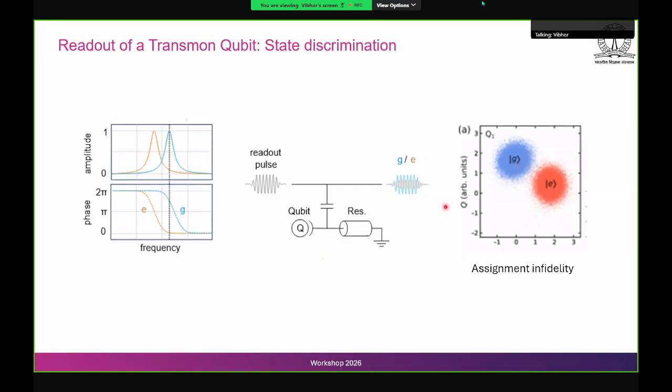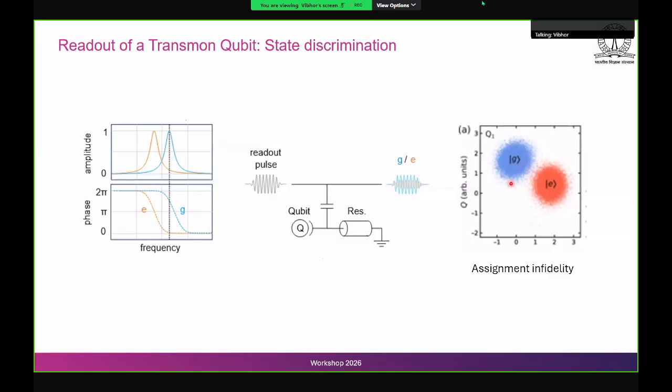And if we integrate those IQ values, we can send multiple readout pulses and build these probability histograms. Okay. So this is one way you can detect whether the qubit has been found in the ground state or excited state. And if you do many such measurements, you will measure the probability of detecting it in the 0 or in the 1 state. One important point, a term which you may find used, is the assignment infidelity.